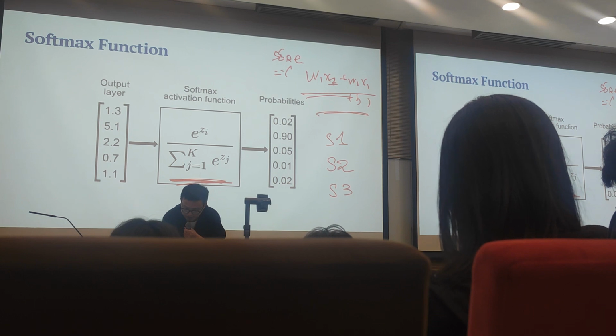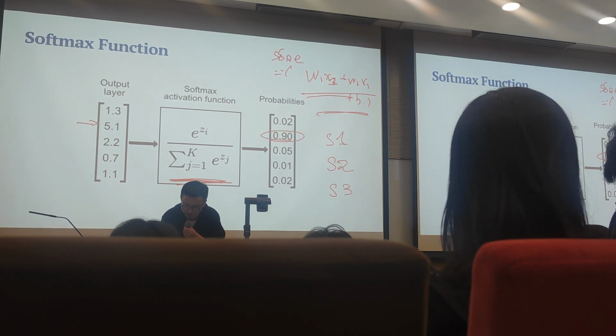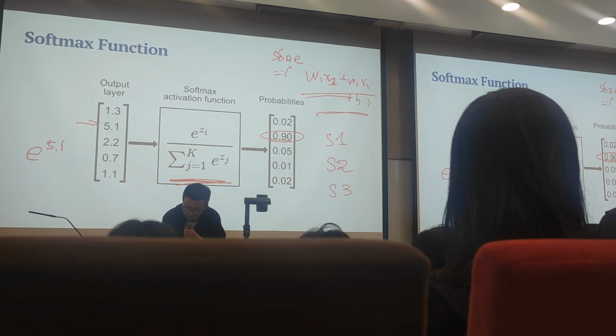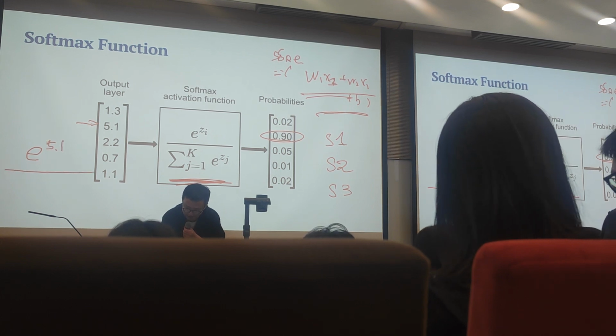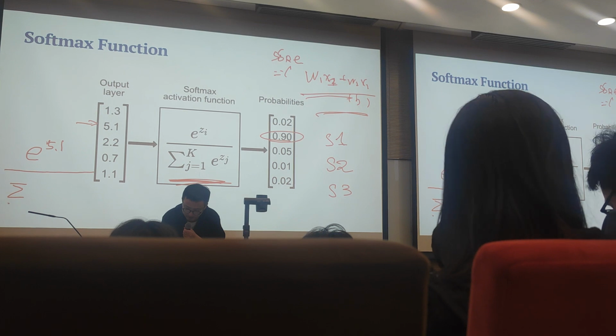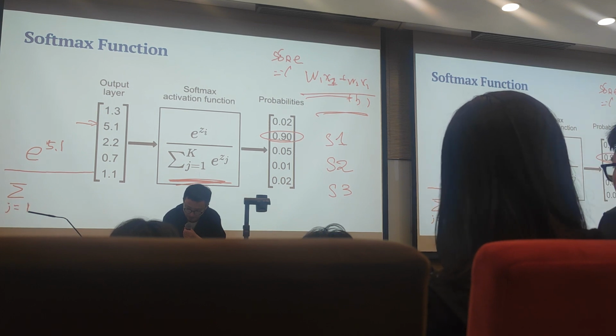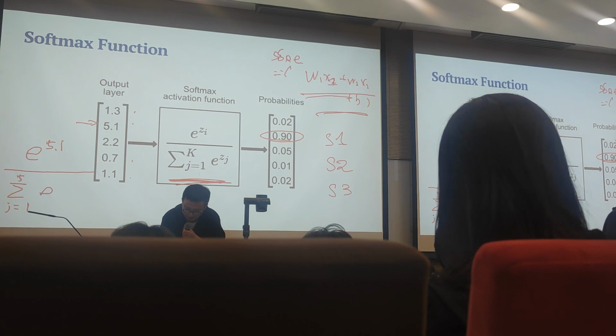Let's see how we compute this thing here, right? Okay. So we have e to the 5.1 divided by the sum over j equals 1 to k. How many classes do we have here? 1, 2, 3, 4, 5. Okay. And we have e to the vj.